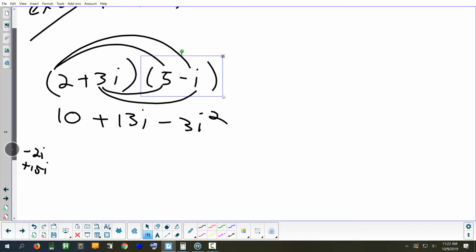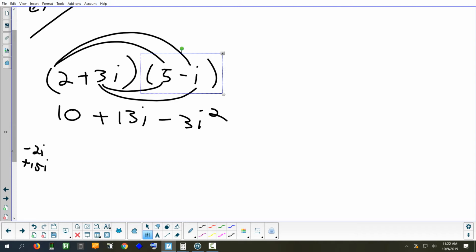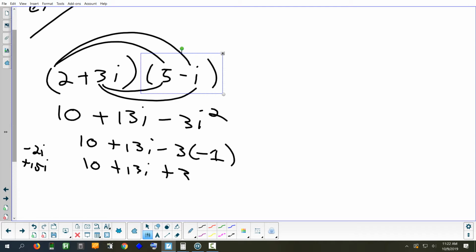Okay. And divide. So in order to divide, you have to use what's called the conjugate. So the conjugate is basically when you just negate or change the sign of the imaginary part.